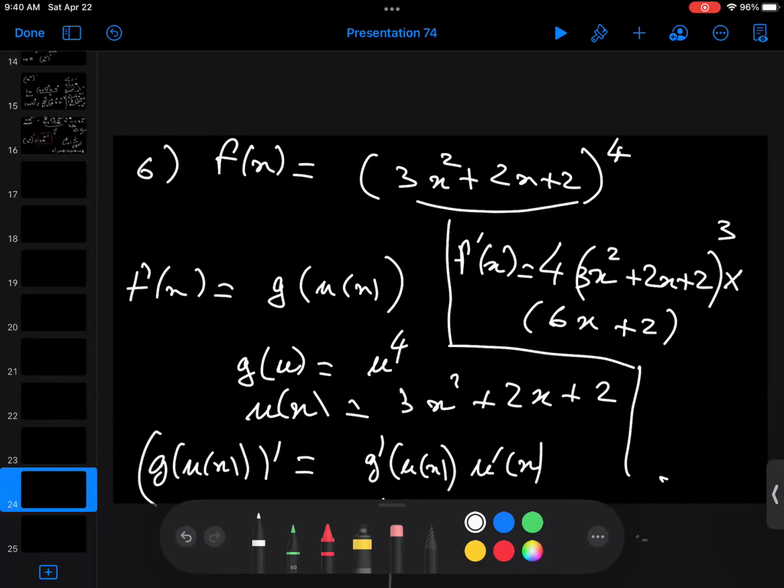This is also an important computation for derivatives, an important type of derivative.